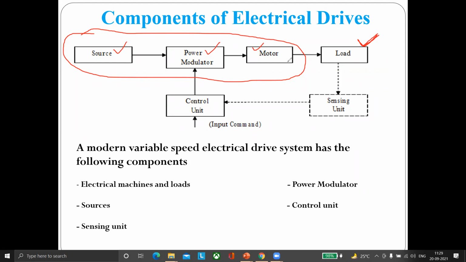The combination of the electrical source, power electronic modulator, and electrical motor can be called an electrical drive, or we can say the drive designed for motion control is called a drive, and if this drive consists of electrical motors, it is called an electrical drive. So this is the simple brief description about the electrical drive, block diagram and the definition.